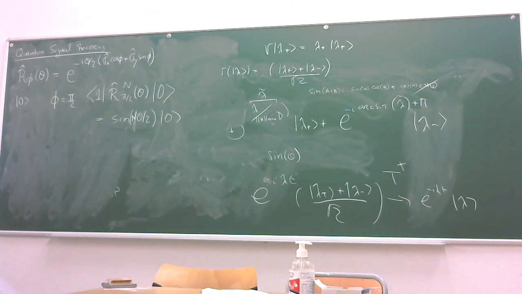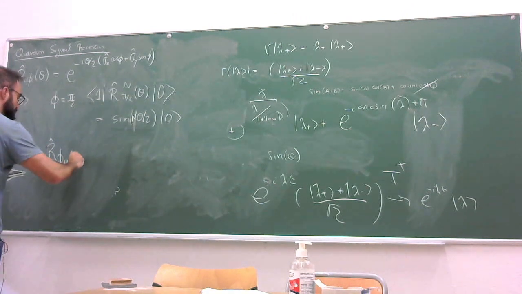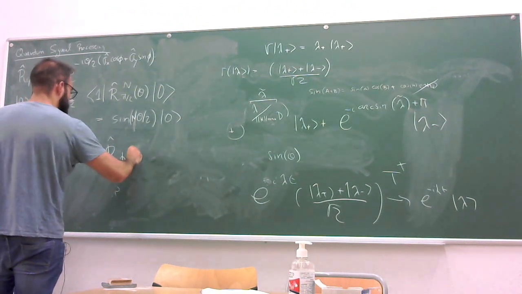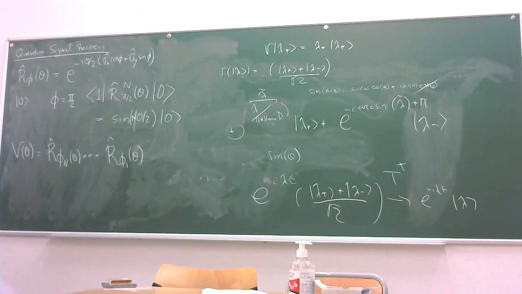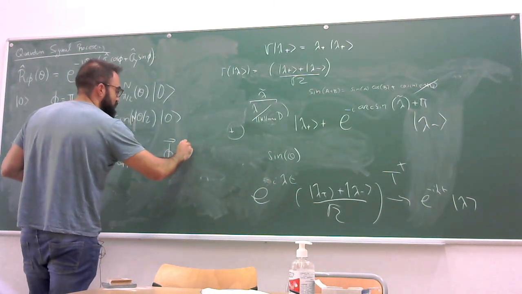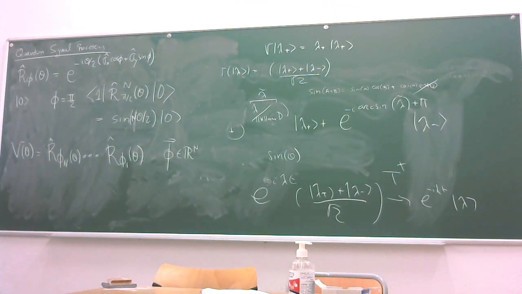So the idea here is that given a function of theta, this is going to be given by a sequence of rotations about arbitrary axes, and that's going to be a given function of theta, an arbitrary combination of rotations, and here the main thing is that we have a vector of angles which is going to determine the axes of the rotations. And this is what we will really need to calculate.